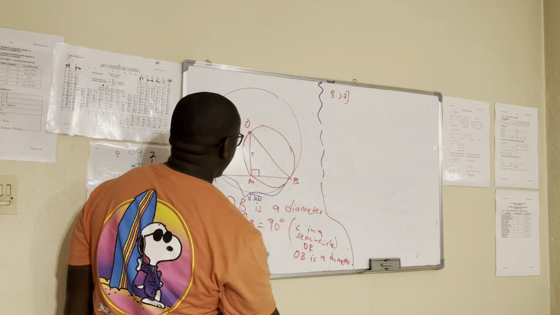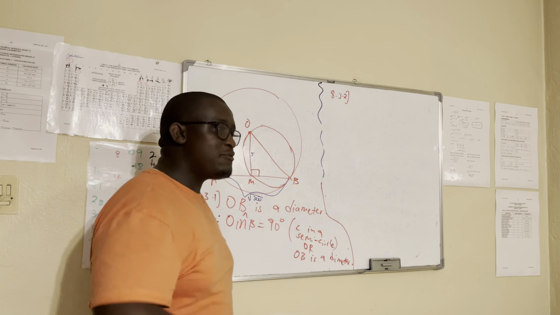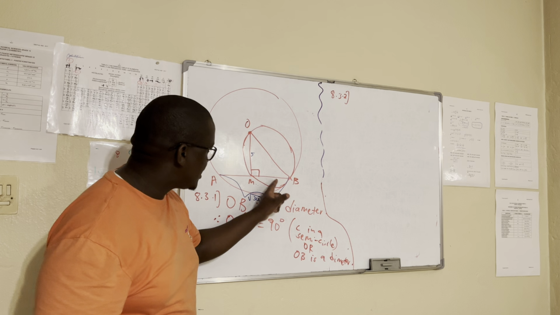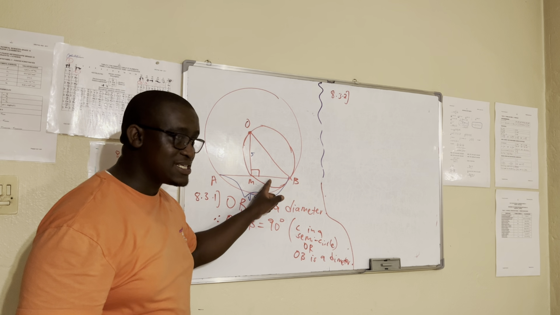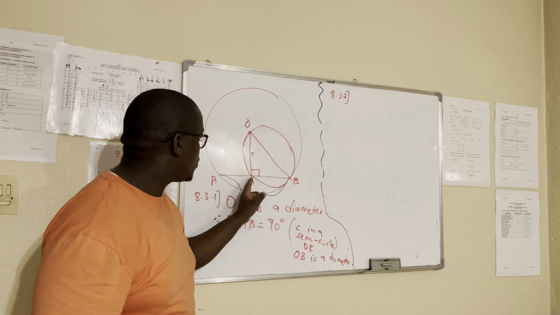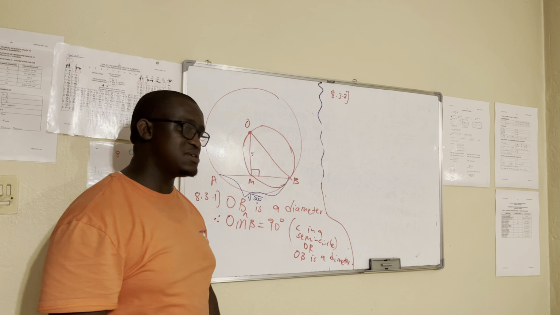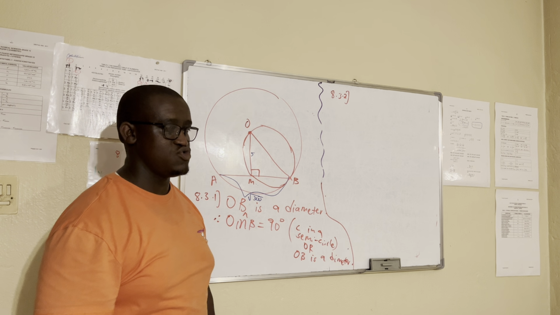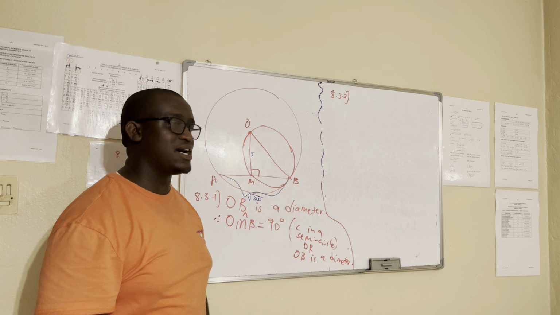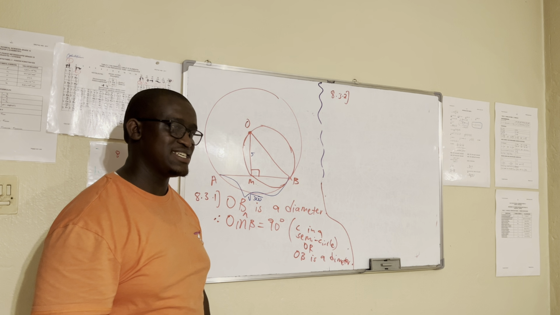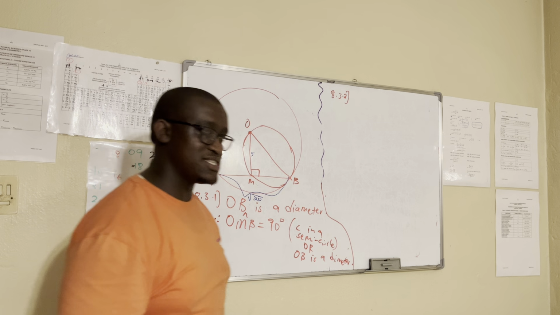So therefore, let's converse that in. If we have a chord AB and OM, therefore this line OM is perpendicular to AB.